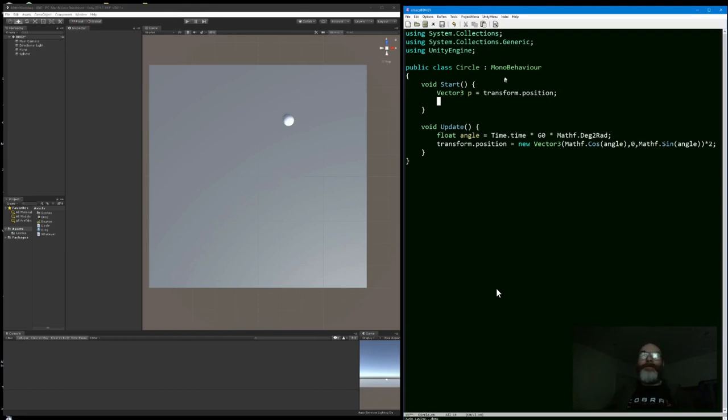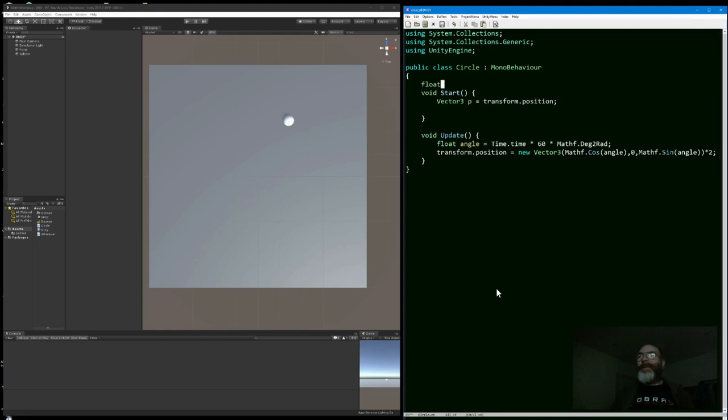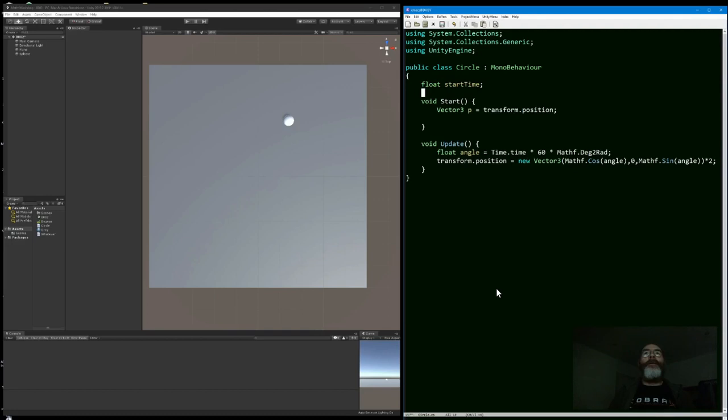It does mean, unfortunately, I need to introduce state, but at least the state variable here is only set at the beginning. It isn't set every frame, as you will see. I'll call it start time. So we do start time equals time.time.